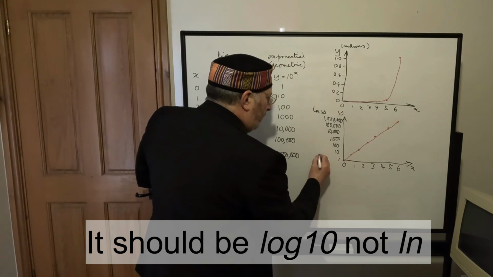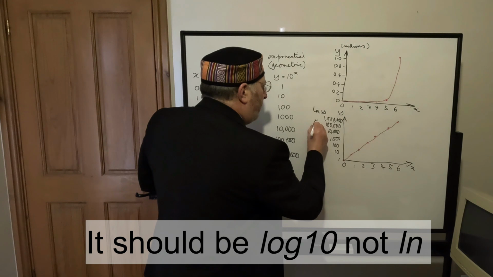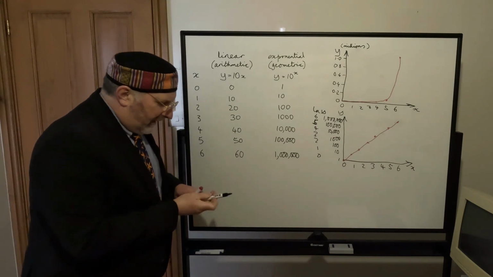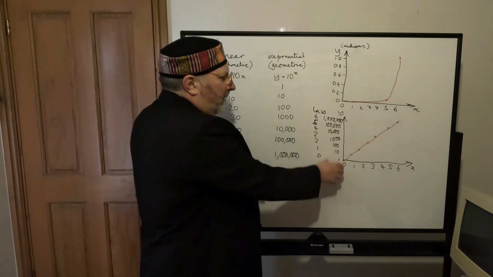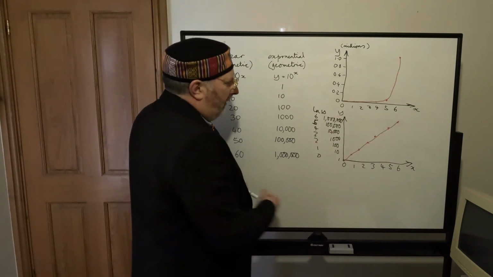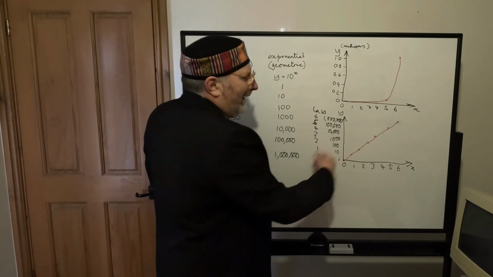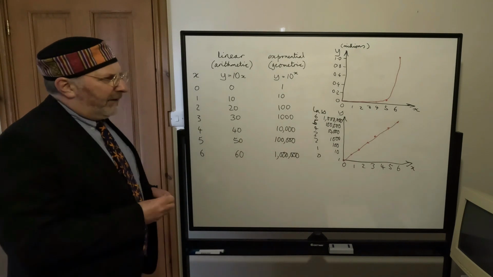So this is 0, 1, 2, 3, 4, 5, and 6 is the logarithm of y. So instead of having special graph paper with a logarithmic scale, we just plot on ordinary graph paper the logarithm of y against x. Hence the term a semi-logarithmic plot.